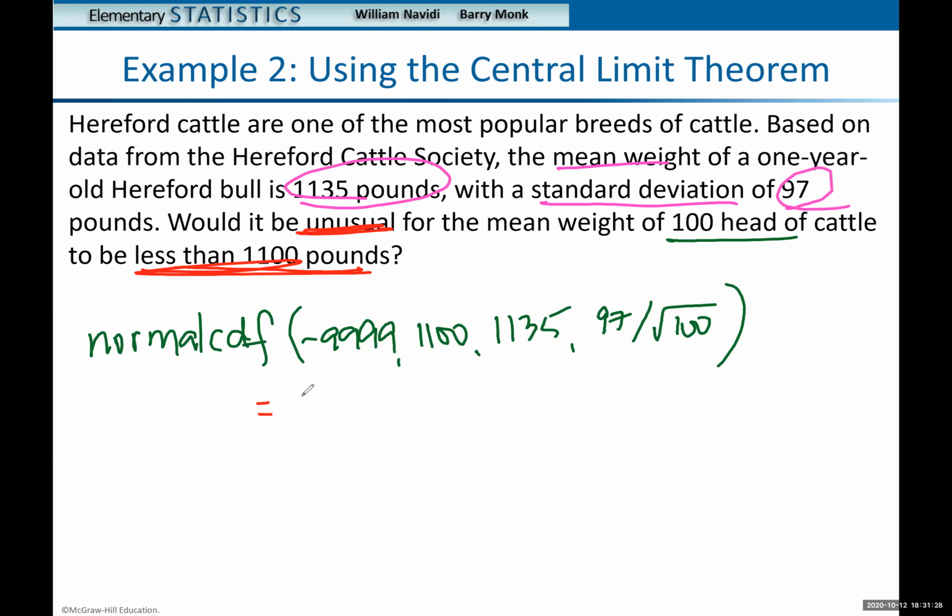And what is your answer? Okay, so 0.000. If you use only 4 decimals, 0.0002, or if you use that, that is also correct.